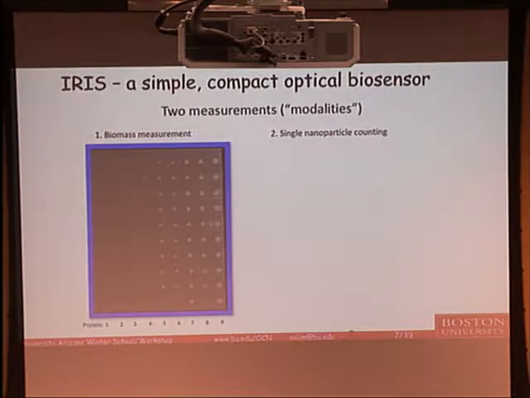What I'm going to talk about is our technology, interferometric reflectance imaging sensor. Before, we called it spectral reflectance imaging biosensor, and Italian collaborators told us that they cannot say that acronym. You have to come up with a better name. So I had a competition among my students, and this is a winning acronym by a student who wasn't working on this.